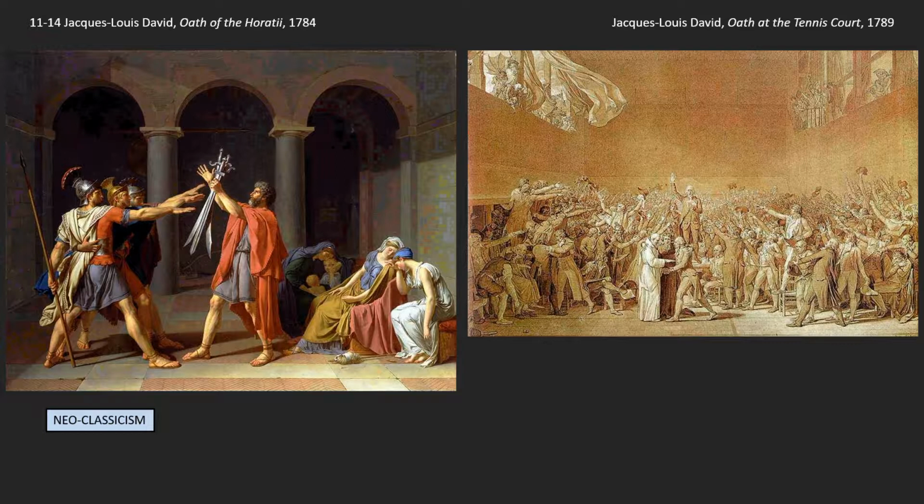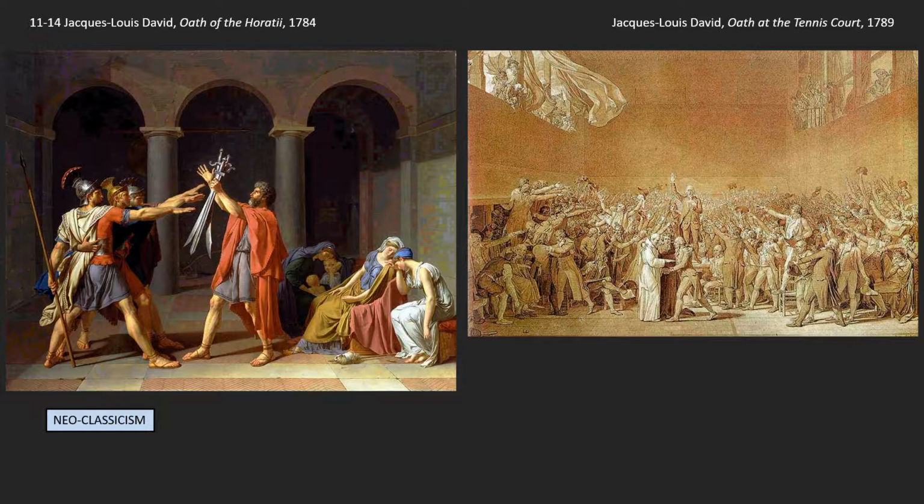And the relationship of this to contemporary events was understood by David. The Oath of the Horatii was painted prior to the French Revolution, so it's certainly tapping into ideas that were in the spirit of that period. And then after the Revolution in 1789, it was displayed again, a second time.